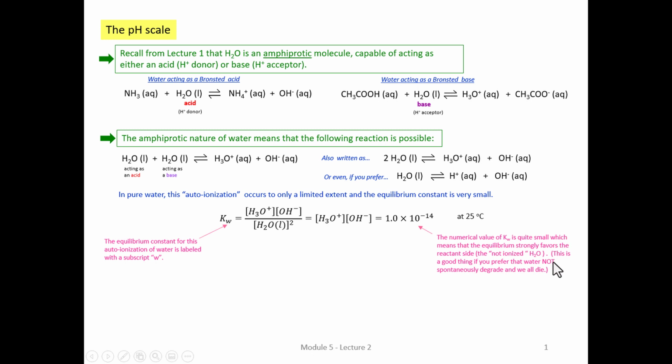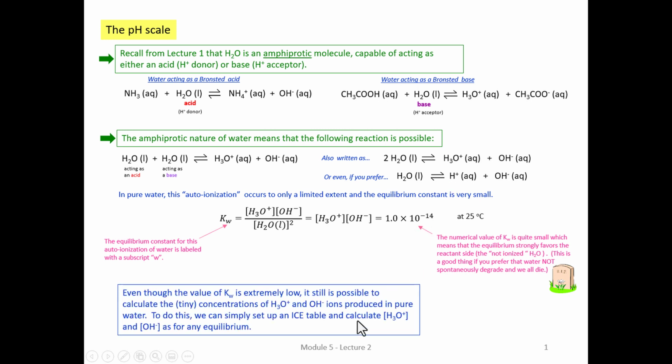And this is quite good news for us, because if this were not the case and the equilibrium constant were much larger, water would spontaneously degrade into hydronium ions and hydroxide ions, and we would cease to exist. So it's a good thing that this equilibrium constant is so small.